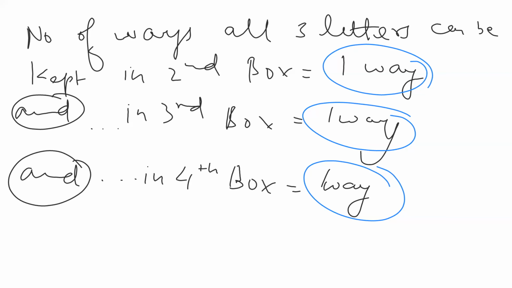Guys, these four ways are not allowed because we cannot post all three in one box. So the total number of ways in which all three can be posted in one box are four. Individually, one plus one plus one plus one, that is four ways.